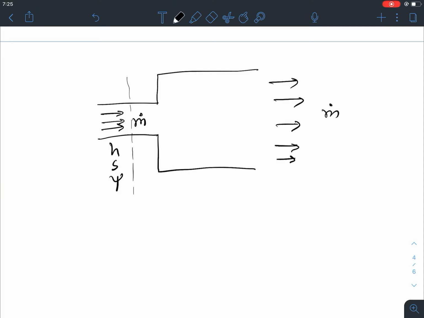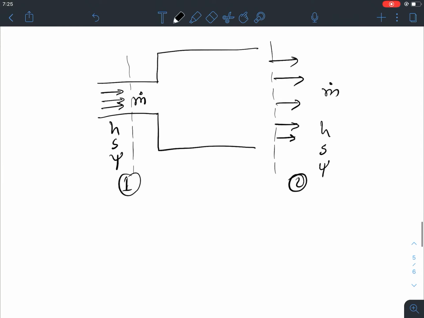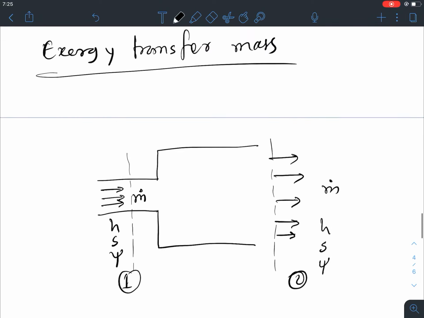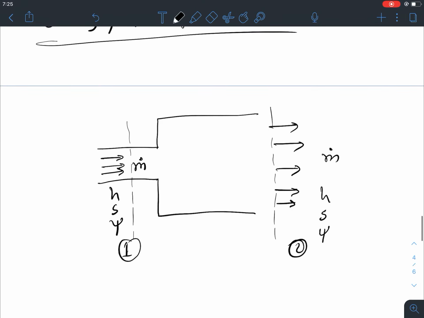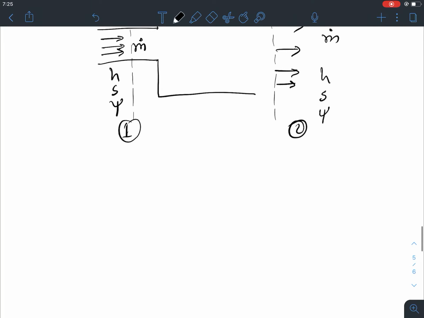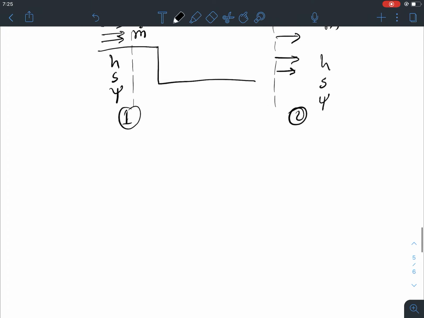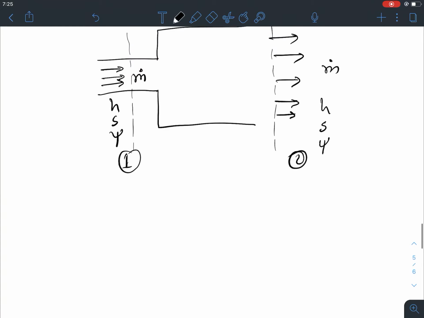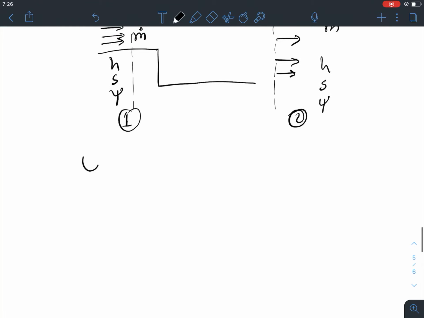When the mass is coming into this system, it's coming with a certain enthalpy, certain entropy, and certain exergy. When it crosses the system, it leaves with another enthalpy, another entropy, and different exergy, right? So when the flow stream comes into the system at state 1 and leaves at state 2, the exergy is also transferring from state 1 to state 2. So what is that representation?